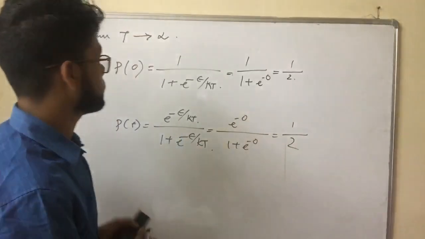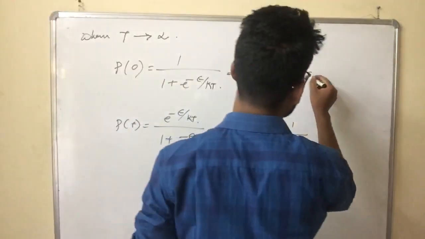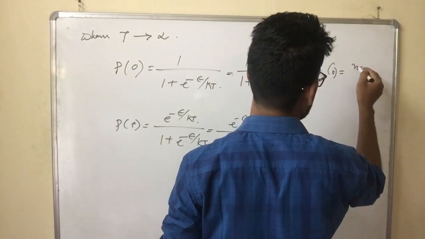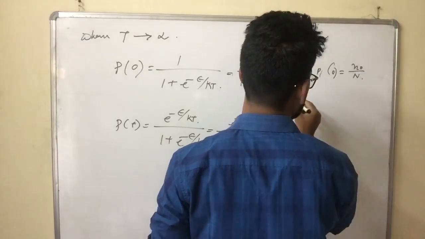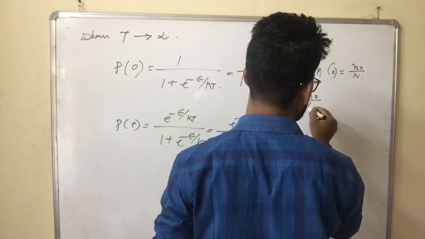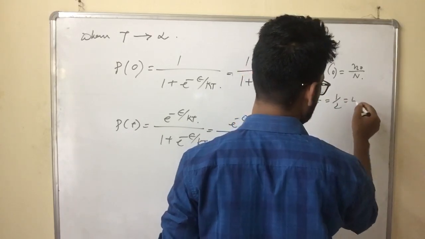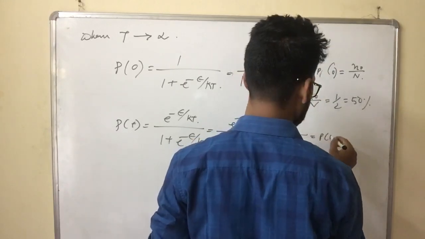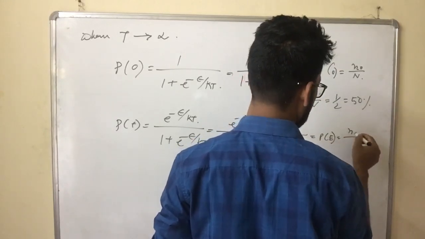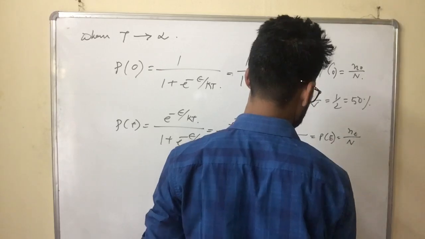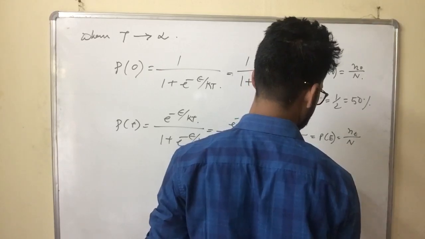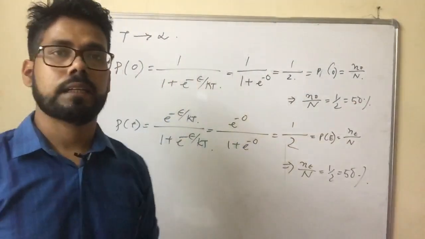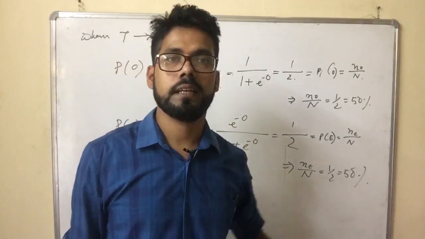What does it mean? P0 equals N0 divided by N, so N0 by N equals half, equal to 50%. Similarly P_E equals N_E by N equals half, 50%. In the NET GATE exam, they may not ask the probability.